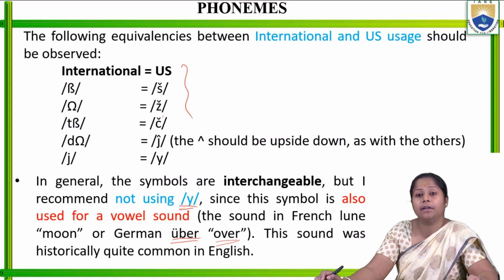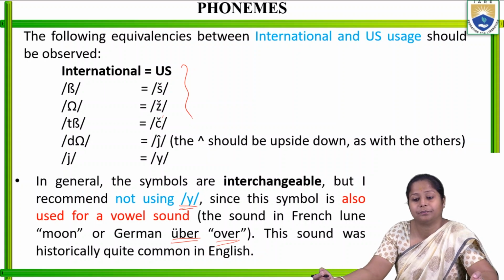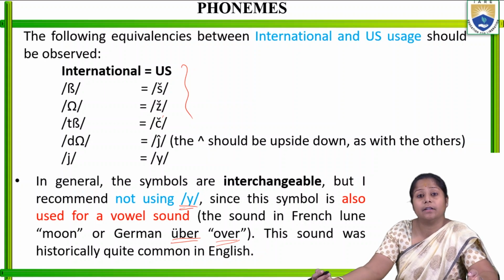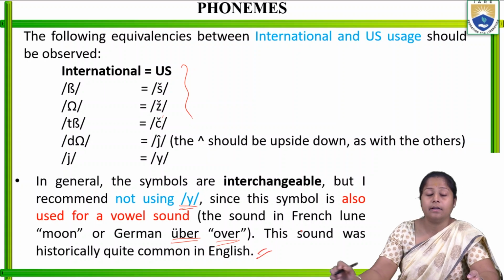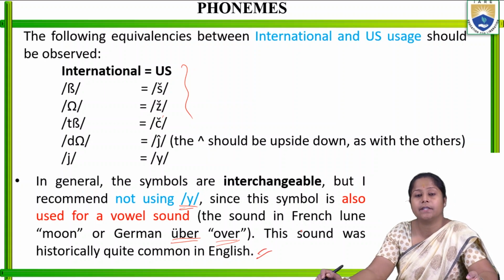So the sound changes, and the meaning of the word also changes, with respect to the transcript and language. What is the language we are using? This sound was historically quite common in the English language, so that's why the symbols are interchangeable. But whenever we need to interchange them, it depends on the natural language we are using, on that context, on that grammar itself.